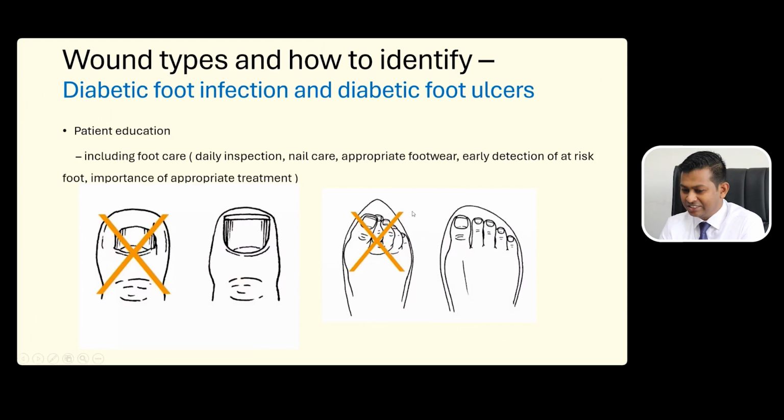This is best. In fact, nowadays we have some diabetic footwear which is quite good. And daily inspections are important, nail care, appropriate footwear, and early detection of wounds and at-risk foot, and appropriate treatment in a timely fashion is important.